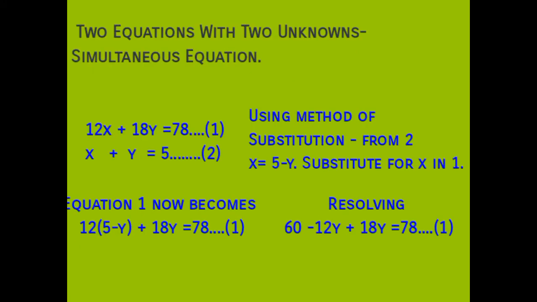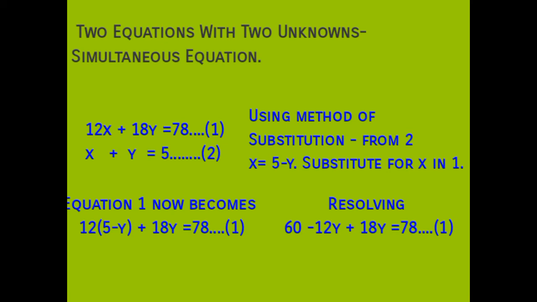We choose whatever convenient method for solving simultaneous equations. In this case, we're going to be using the substitution method. We refer to the equation x plus y equals 5, that's equation 2, and substitute for x by making x equal to 5 minus y.